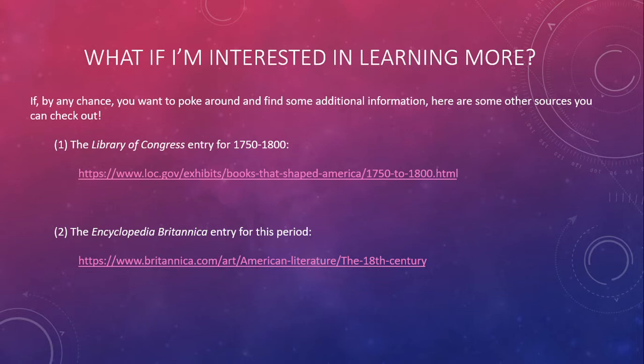The first is the Library of Congress's entry for this period. You can click on it, you can poke around, they have some ideas of some important books and stories. The second is from an article done by the Encyclopedia Britannica. And here again, you can poke around and they have some ideas of the most important things being written during this time period.